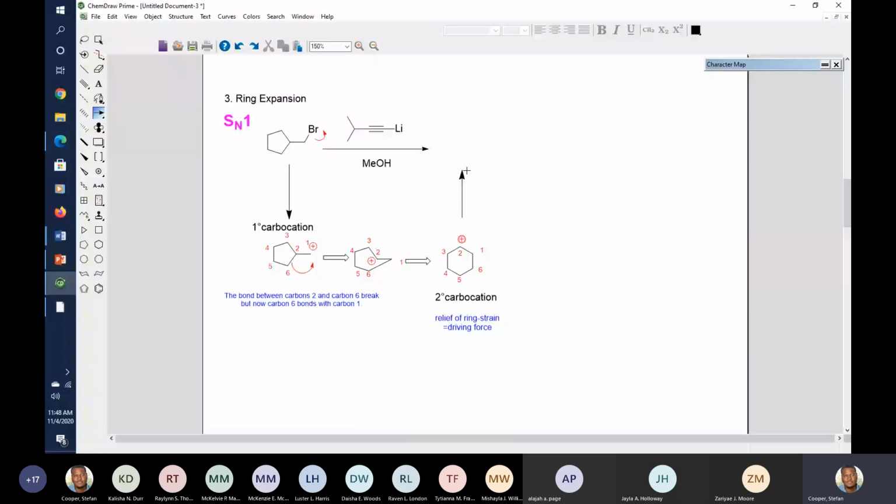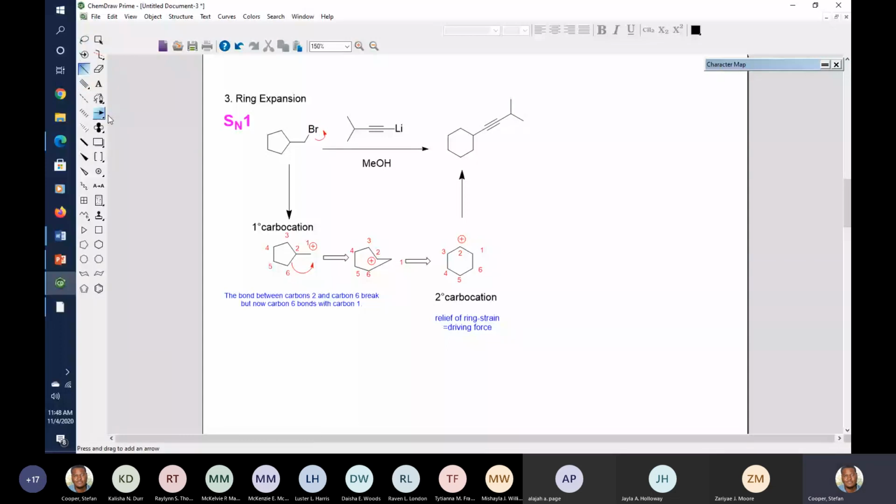Right. And my final product becomes this molecule that has a nucleophile attached.